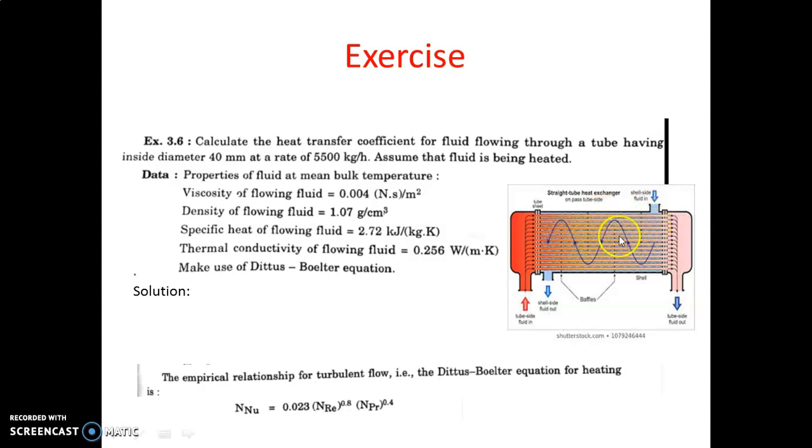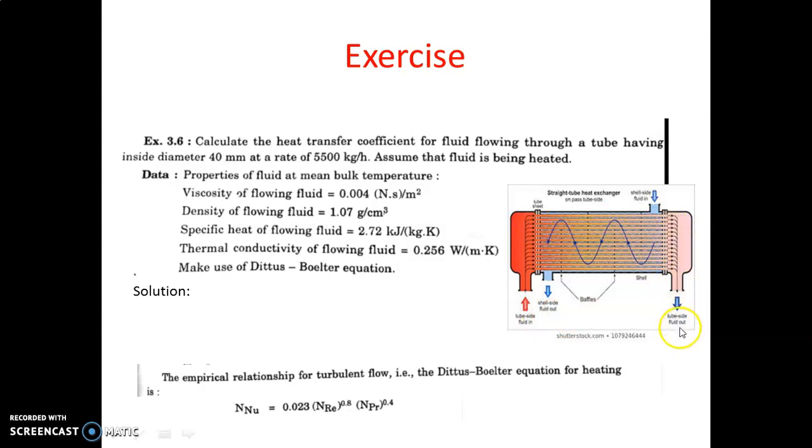So the heat transfer is taking place through the metal wall of these tubes, and the fluids are kept separate. That means the shell side fluid goes out through this nozzle. It is called shell side fluid out, and the tube side fluid is taken out from this nozzle.